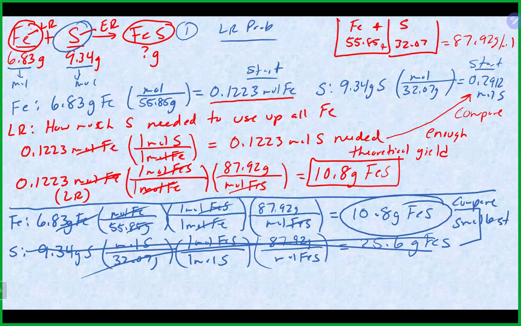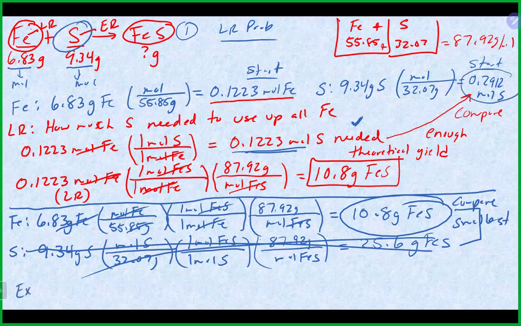Now, to answer your question, we can also figure out, in this case, how much excess reagent is left over at the end of the reaction. And we could actually do that based on our calculation up here. We know from our limiting reagent calculation that we needed this much of the excess reagent. We know we have this many moles of the excess reagent.